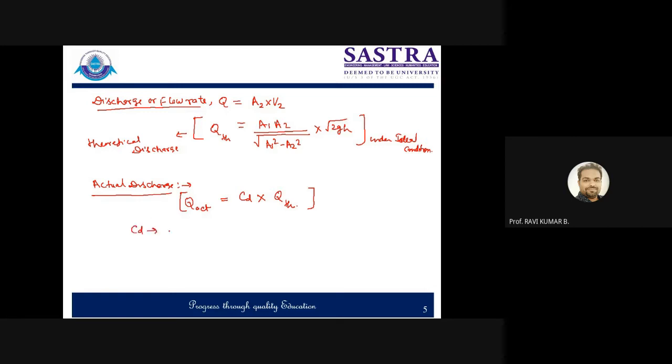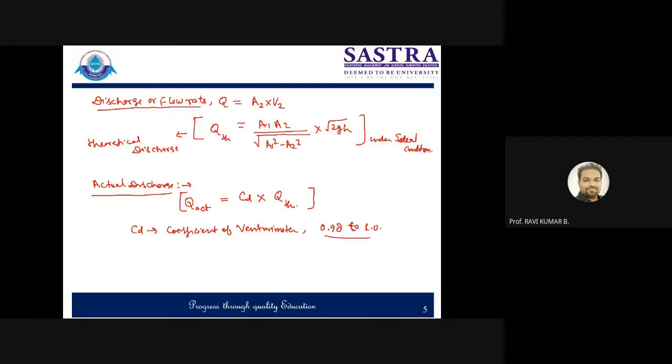So this CD is basically the coefficient of Venturi meter, and its value will lie between 0.98 and a maximum of 1. The value will be in between 0.98 to 1.